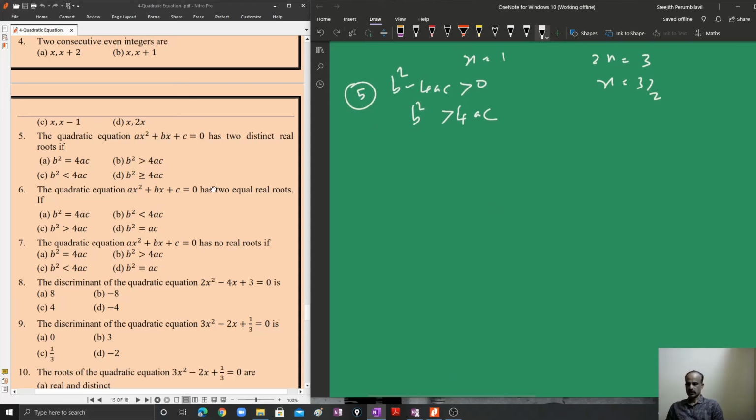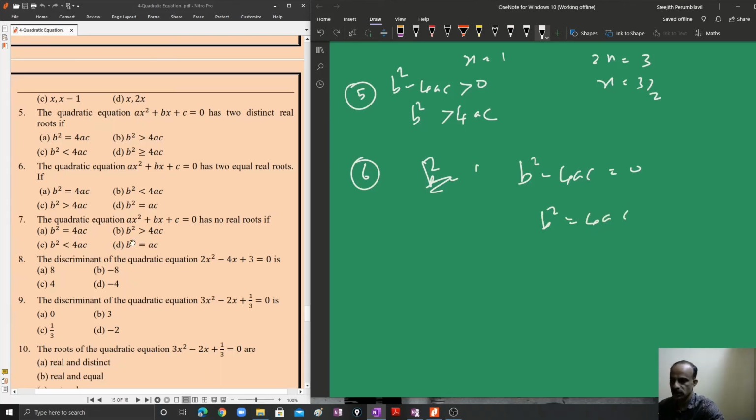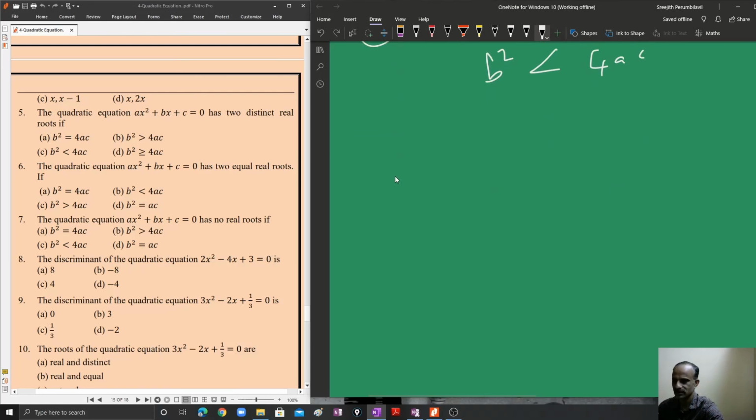The quadratic equation has two equal roots, so b square minus 4ac is equal to 0. That means b square is equal to 4ac. Question number 7. It has no real roots. That means b square minus 4ac is less than 0. That means b square should be less than 4ac. Find the discriminant. It's a simple question.